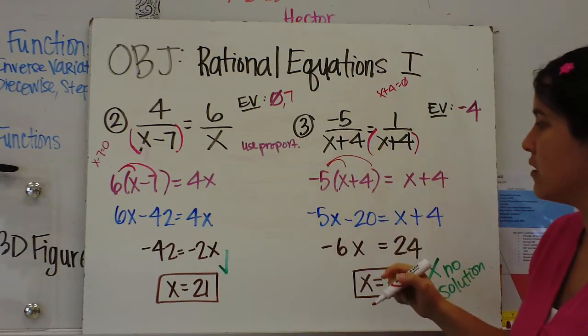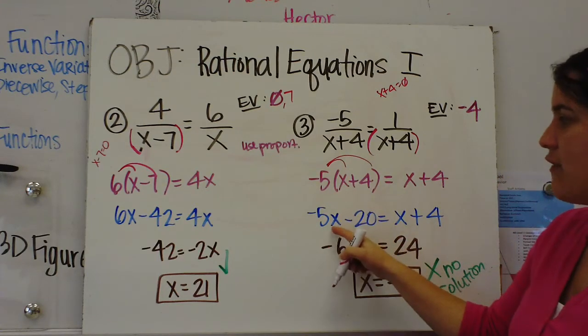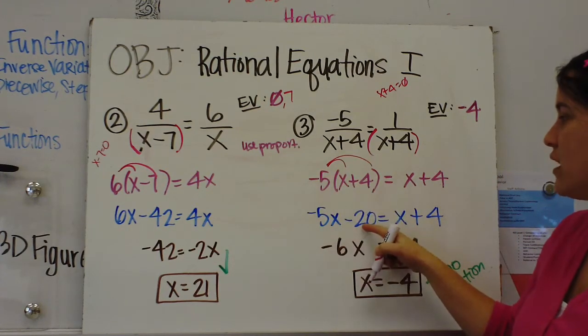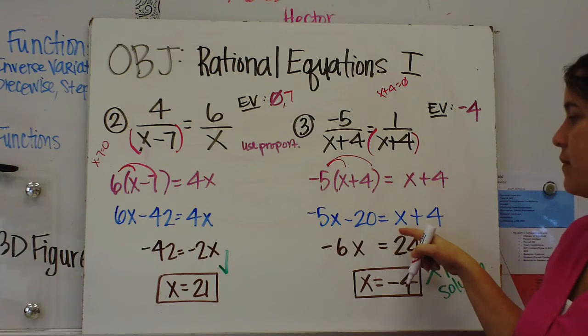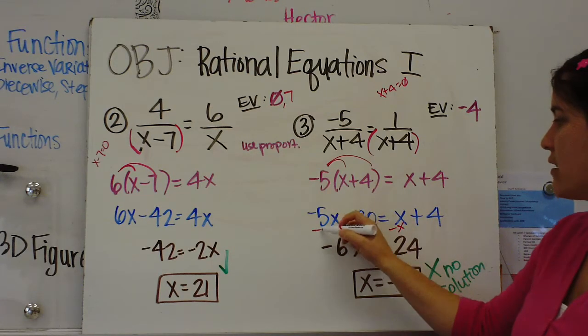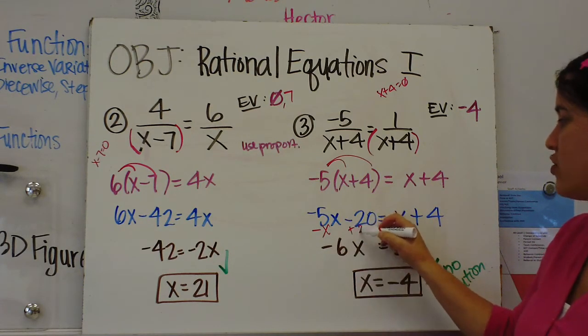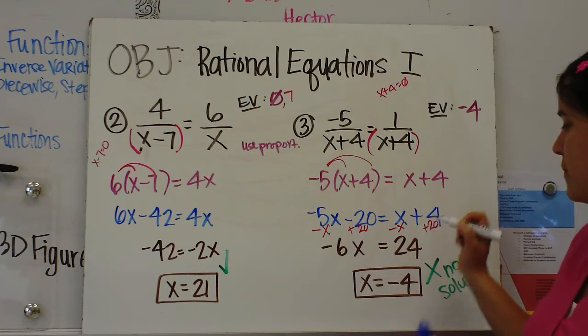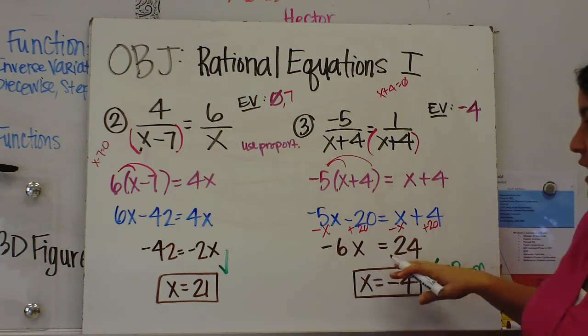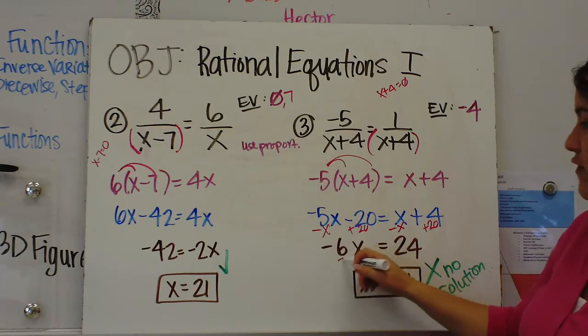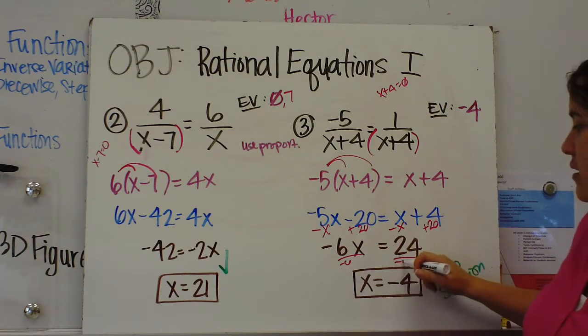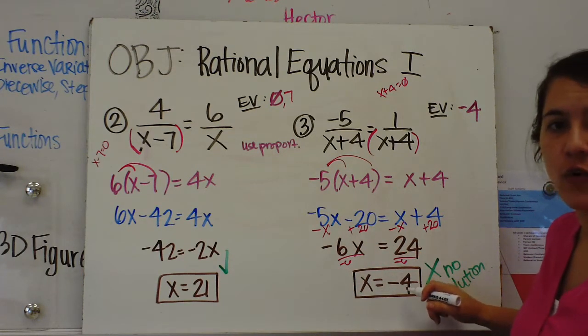I distribute, and I get negative 5x minus 20 equals x plus 4. I subtracted x from this side, and then I added 20. And I get negative 6x equals 24. You divide both sides by negative 6, and x is equal to negative 4.